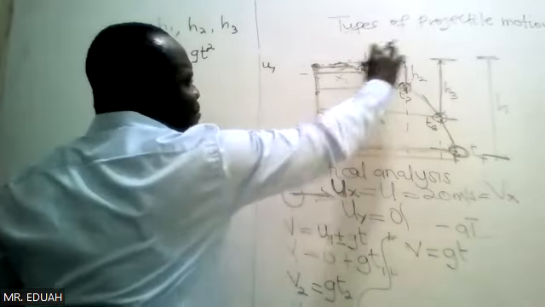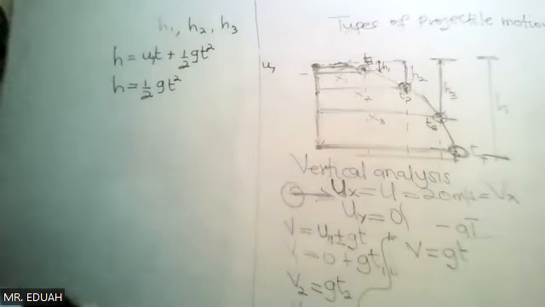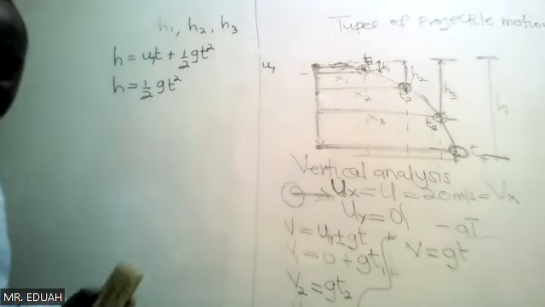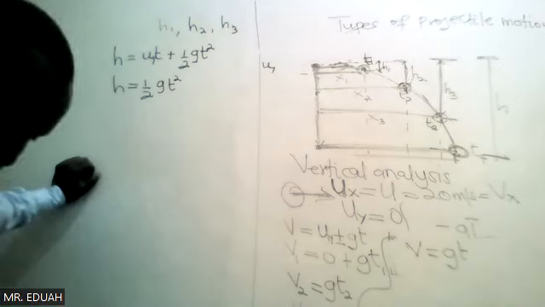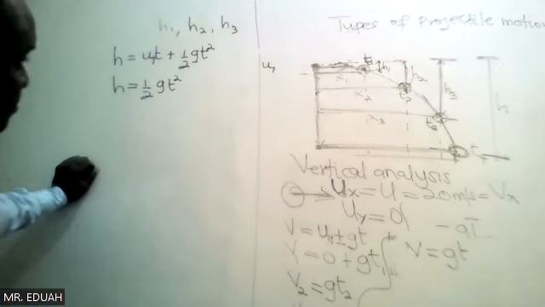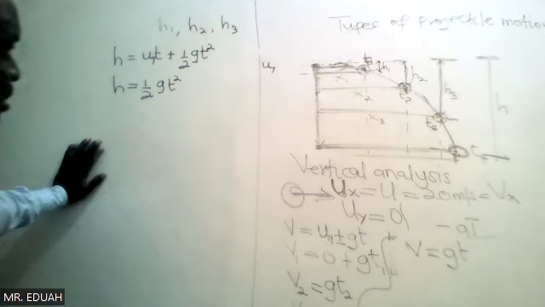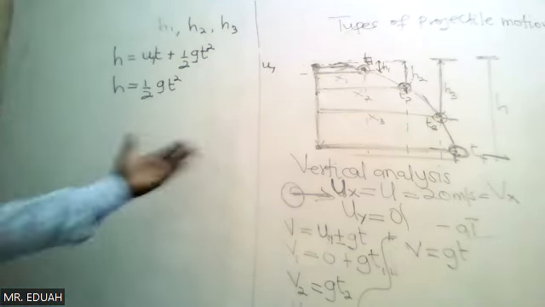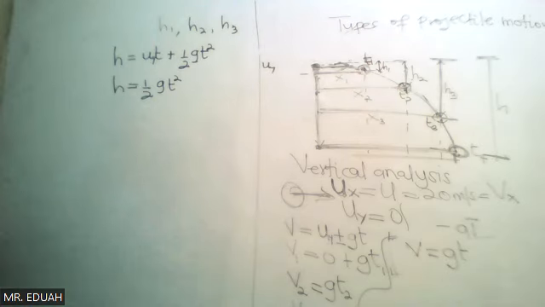Now, it means that if I'm looking for this vertical displacement... Mr. Edia, please, can the H also be equal to V squared over 2G? We'll come there. Yes, but I'll talk about that too, okay?